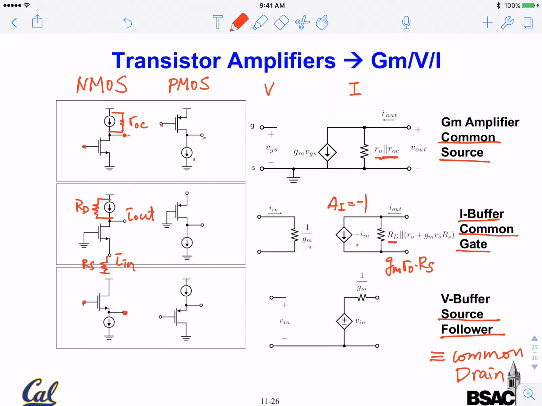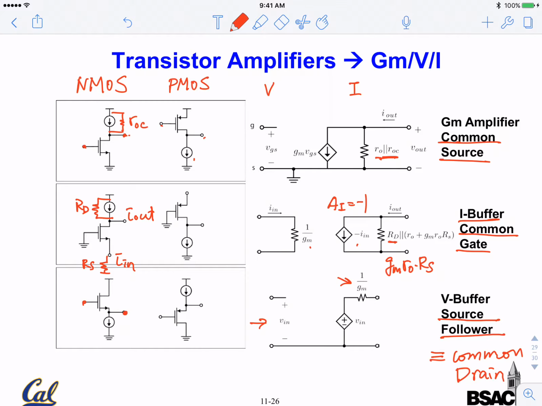Again, we put it in because we are transforming the resistance. Here we have the source looking at infinity input impedance, whereas at the output we have a very low output resistance. So we convert something from very large resistance to very small resistance, even though we don't have voltage gain here.